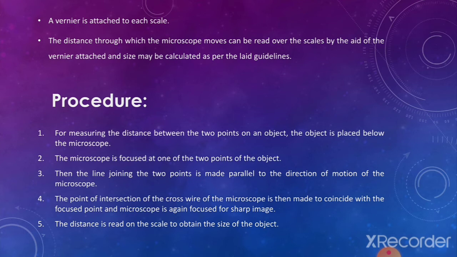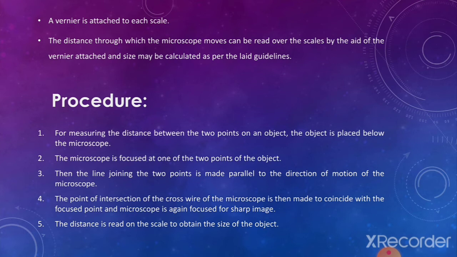The first step is measuring the distance between two points on an object. The object is placed below the microscope. Then the microscope is focused at one of the two points of the object. Then the line joining the two points is made parallel to the direction of motion of the microscope.